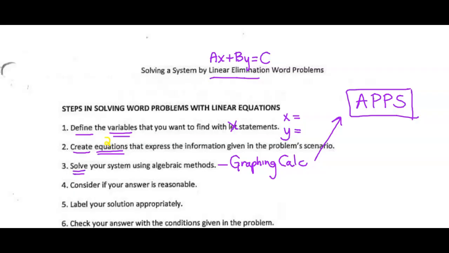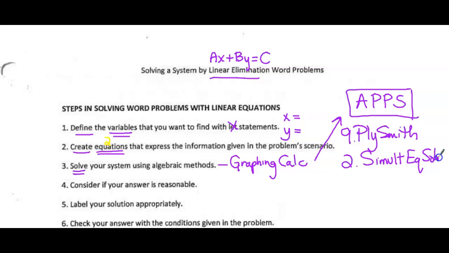You're going to go to number 9. Holly Smith, looks like that. You push any button to continue, and you're going to go into number 2, simultaneous equation solver. And I've showed you the steps of how you will get to solve the problem.